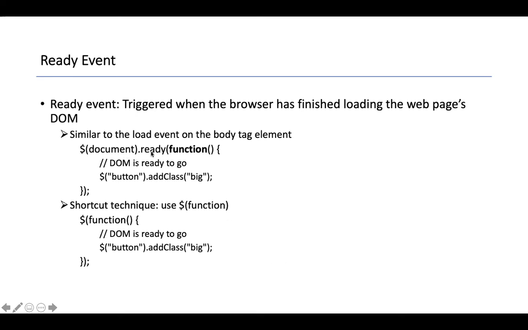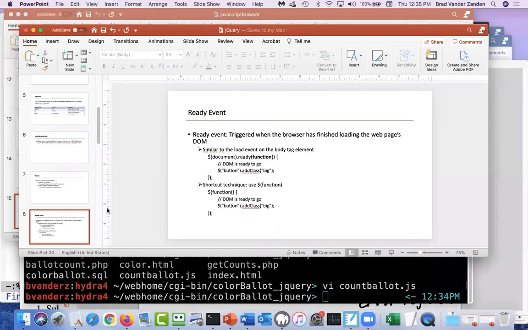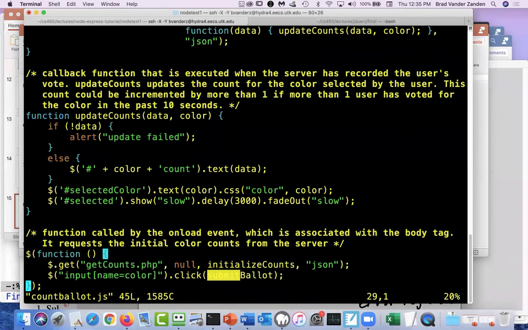With the ready function, that function gets executed only when the browser has finished loading the web page's DOM and parsed it and created a tree. And it's so ubiquitous that if you just pass a function to $, it is treated as the ready function.